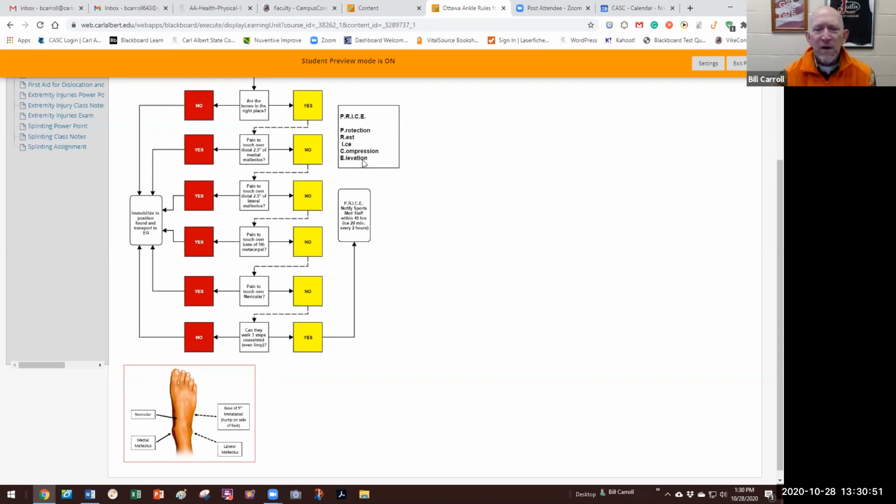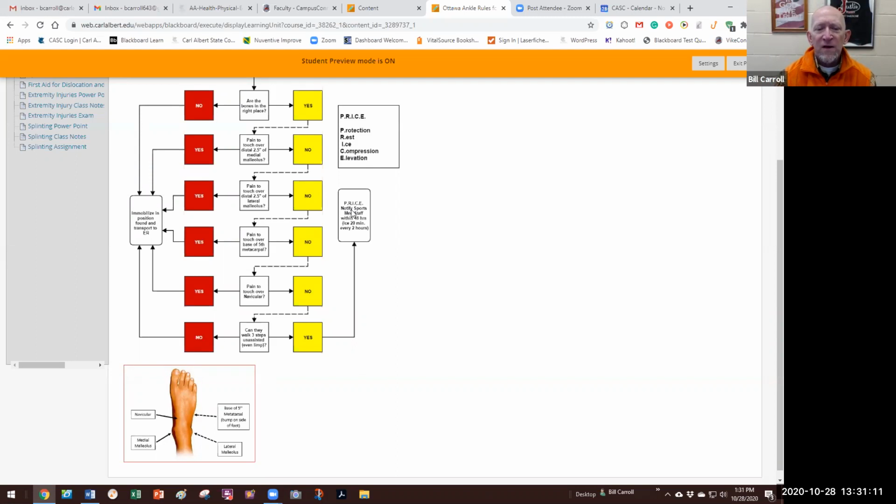Elevation, we want to elevate above the heart, and we want to protect and rest, and ice and elevate, about 20 minutes every 2 hours while the person's awake, and give it a couple of days to calm down.